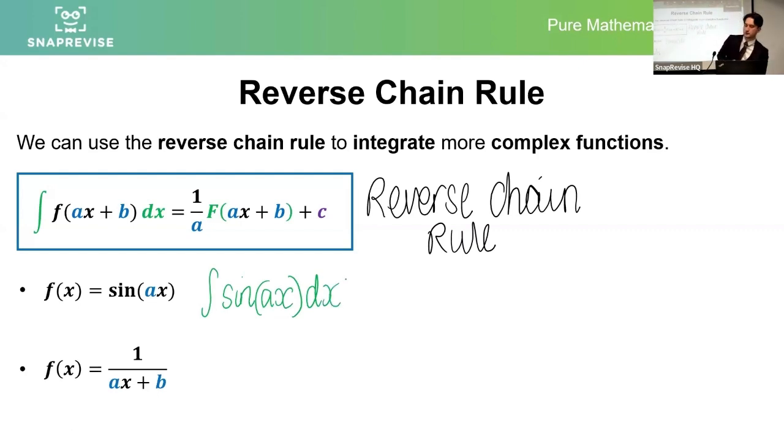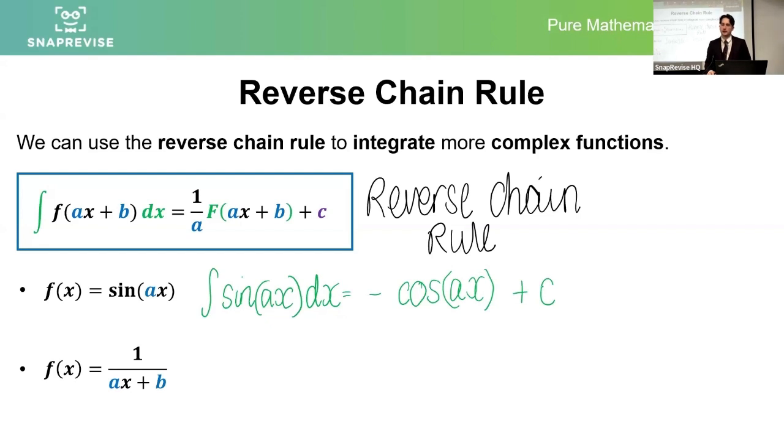Sine comes from minus cos, because cos differentiates to minus sine, so minus cos differentiates to sine. So I kind of half have the answer. I know it involves a minus cos(ax). I'm going to put that in my answer as almost like a guess.